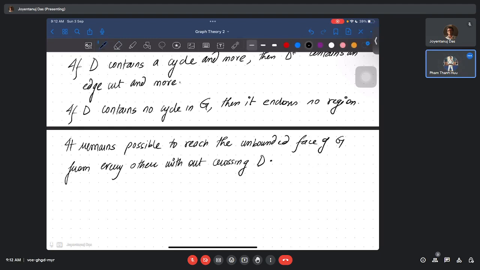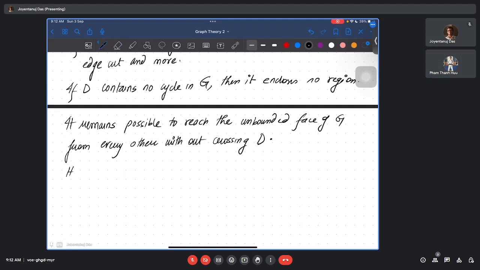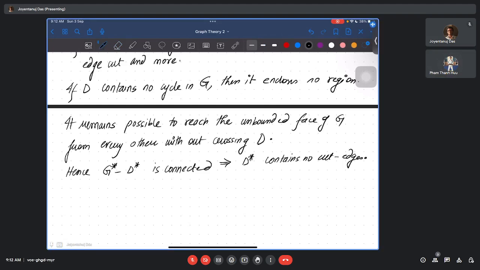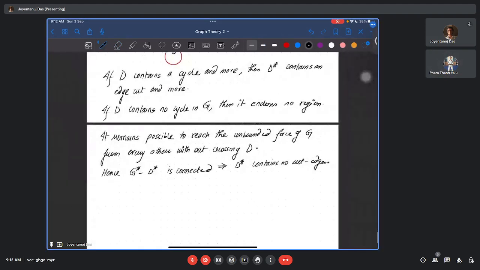Hence if we delete D star, G star minus D star will remain connected. This implies that D star does not contain a cut. So minimum, we have to cover a cycle inside D.